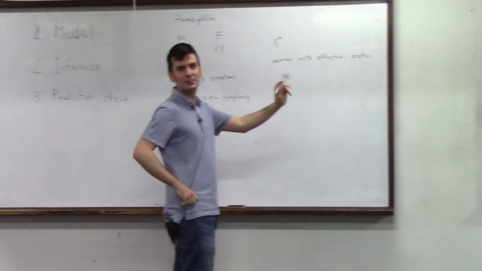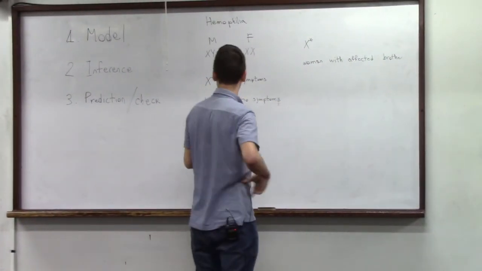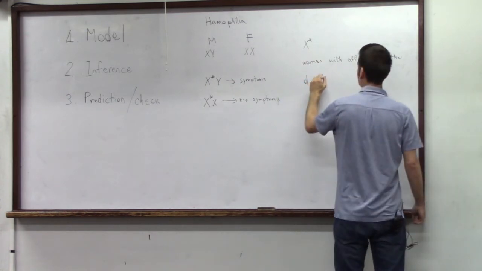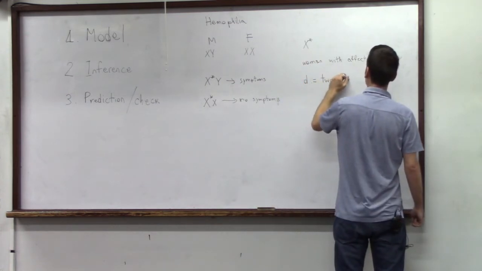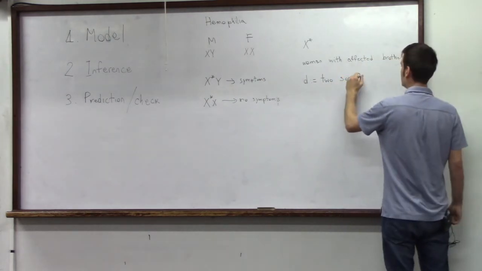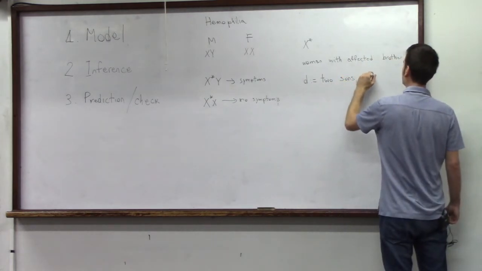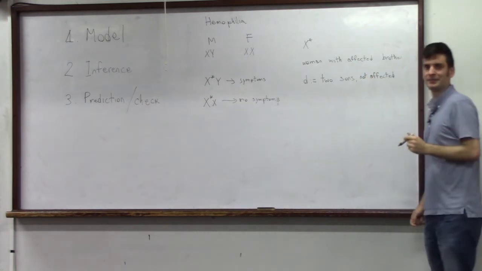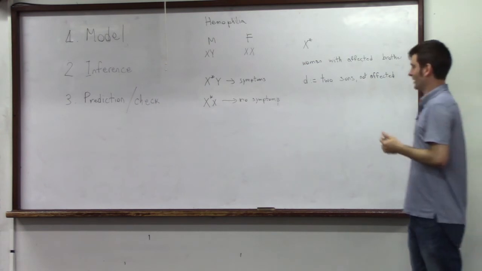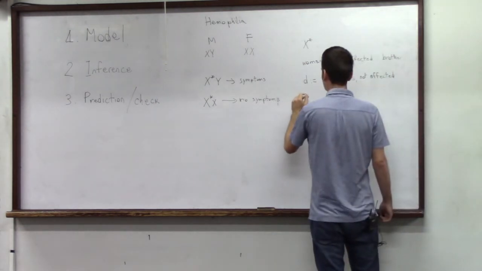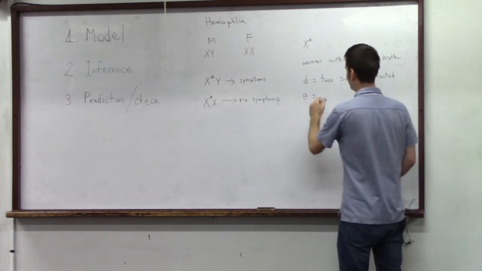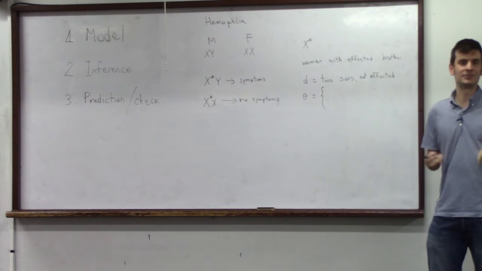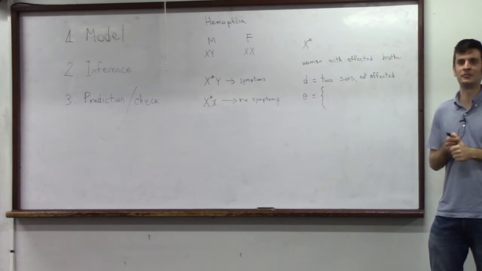Let's write the problem down using that notation. So the data here is two sons not affected. The parameter is the following: she's carrying the bad gene or not.